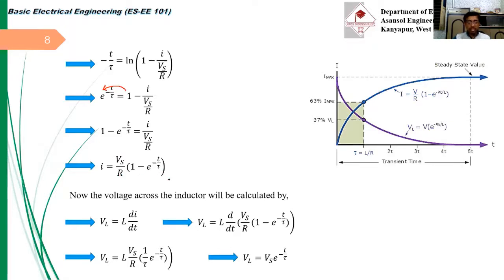So this is the current flowing through the circuit.